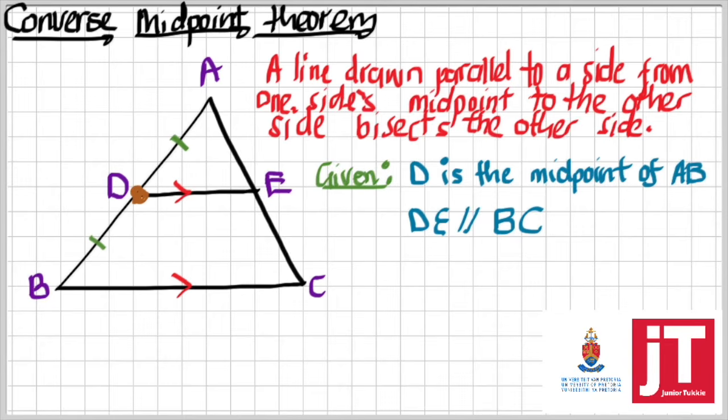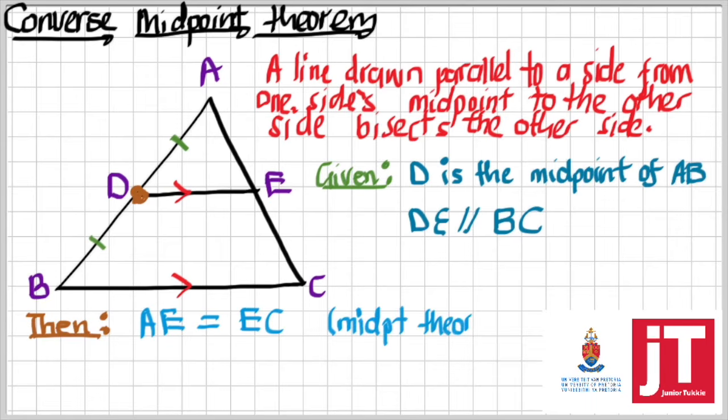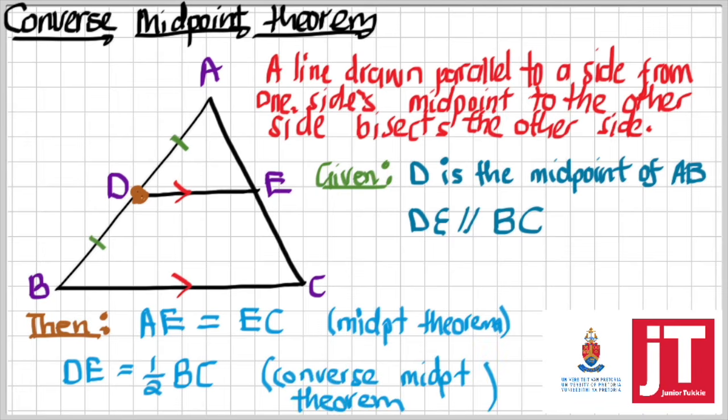From those two given statements, we can now say as conclusions that the side AE is equal to the side EC. The reason for that is the midpoint theorem. And also, we can now conclude that the side DE has to be equal to half of BC. The reason for that is that we are dealing with the converse of the midpoint theorem.